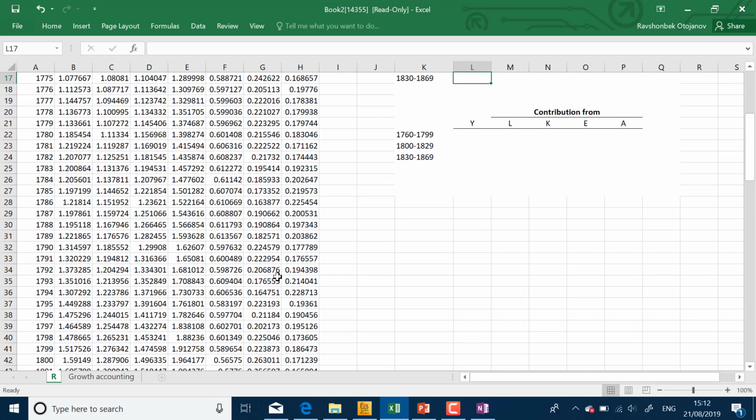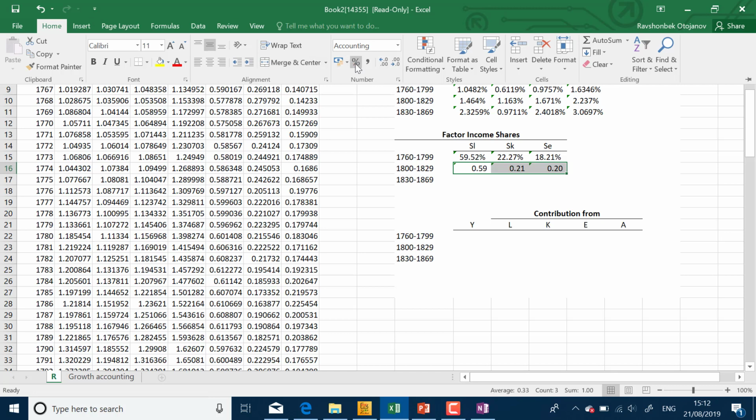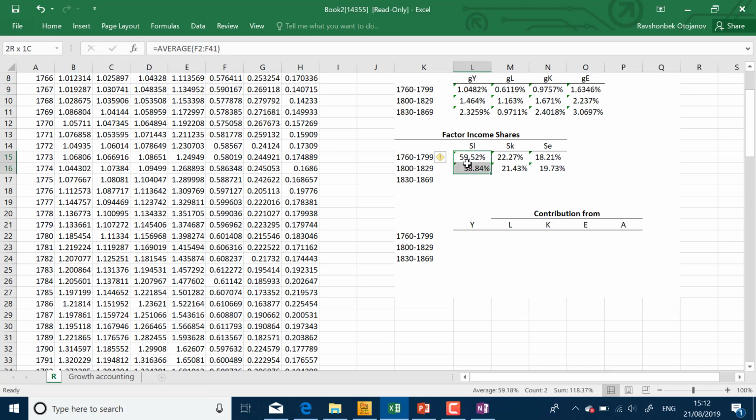Here it is, hit enter. And as you can see, the share of income earned by workers didn't change much between these two periods. That means actually fairly fixed shares, and again here as well.